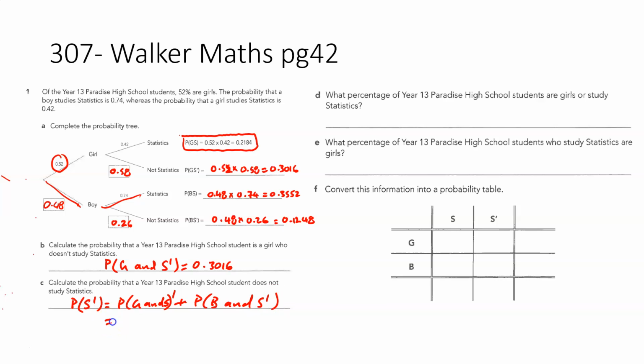Reading from my tree, it's 0.3016 plus the not statistics for boys, which is 0.1248. Adding those two together, it becomes 0.4264.